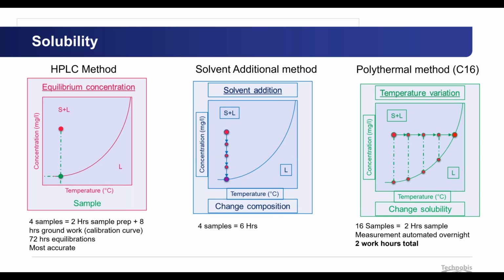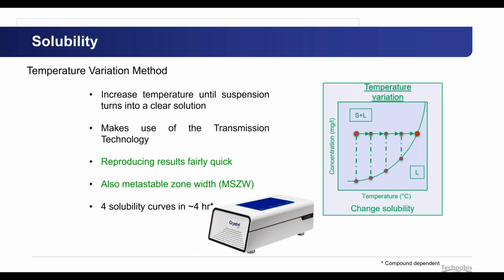Another method is the solvent addition method at one temperature for multi-component systems. I will not get into that now, but the one that I would like to say a bit more about is the polythermal method, which was actually developed on the Crystal16 quite some years back. This method is actually quite fast.